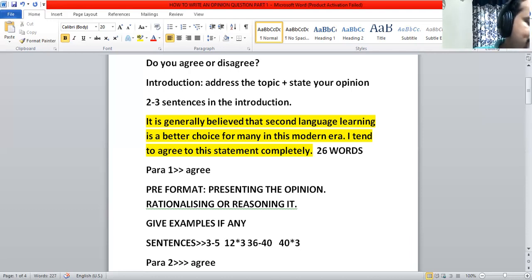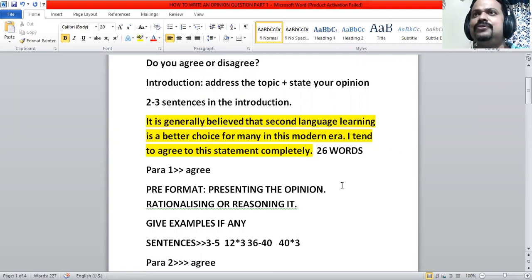So actually, 120 words plus 26 plus around 20, you'll be writing only 150 words. So I think the calculation is wrong there, because you have written only 26 to 30 words in the introduction, and you are writing only 40 words in the body paragraph.